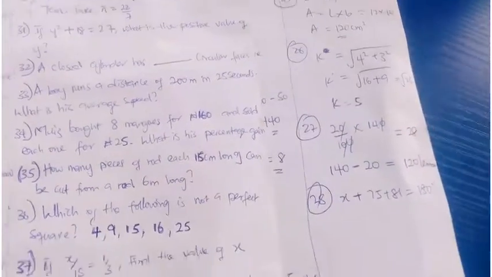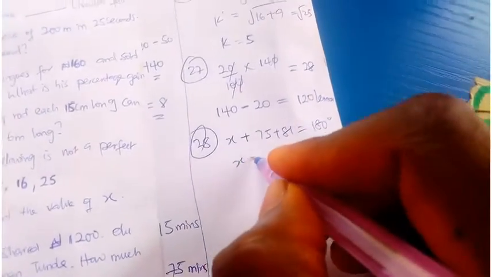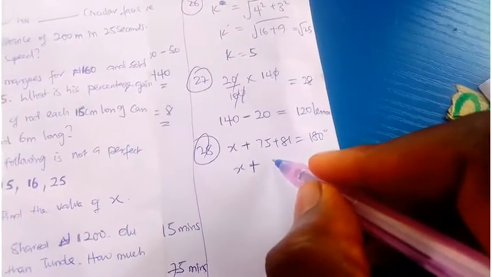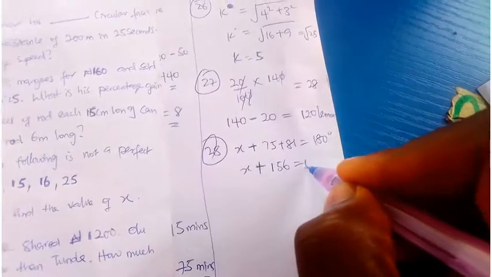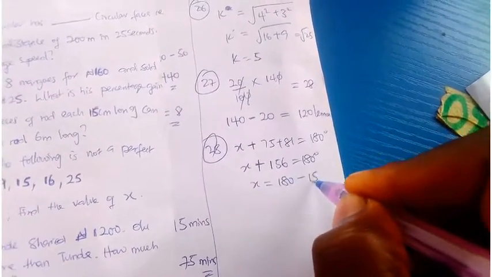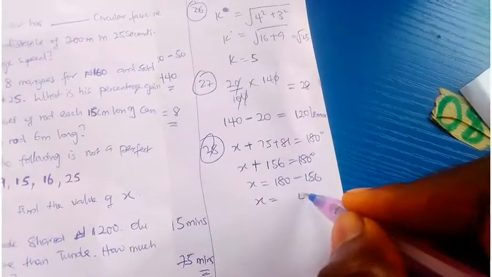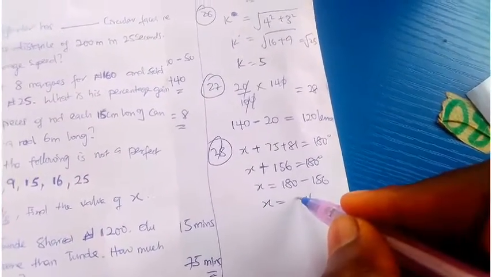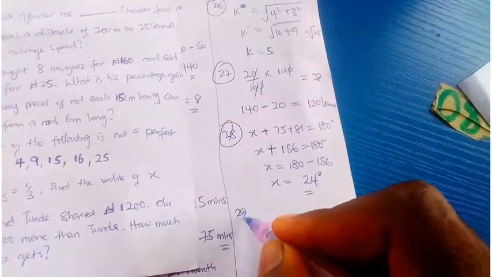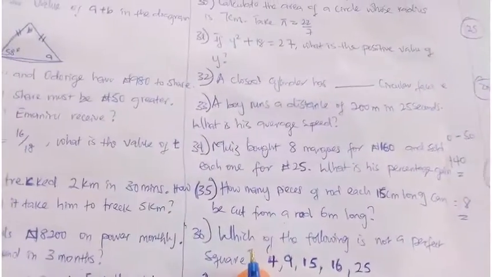Reason: the total angles in a triangle are equal to 180. So 75 plus 81 gives me 156, and x plus 156 equals 180 degrees. This now becomes 180 minus 156, which is my x. That should be 24 degrees. That is the answer.